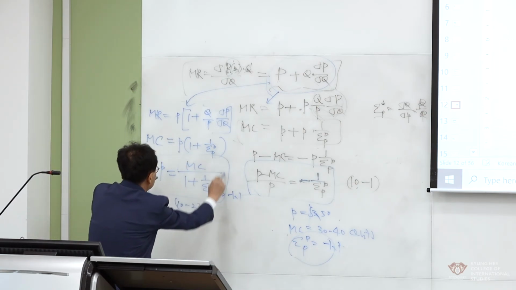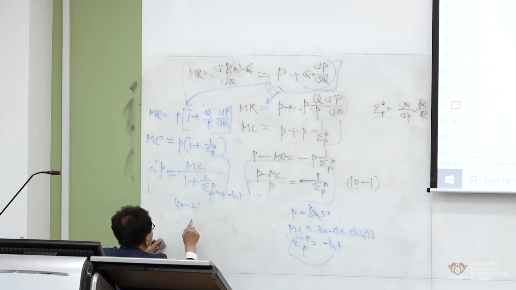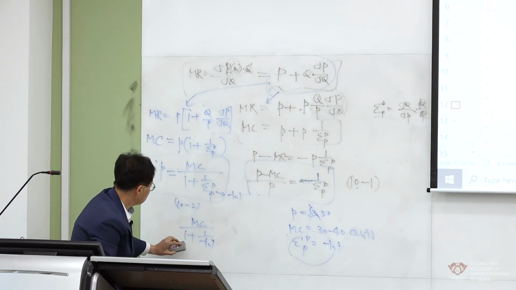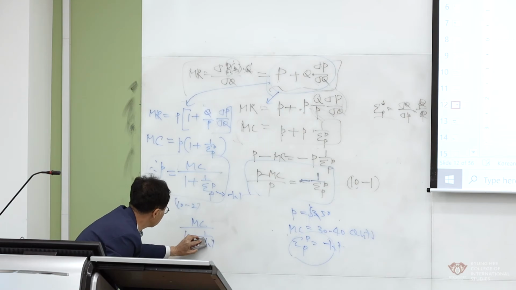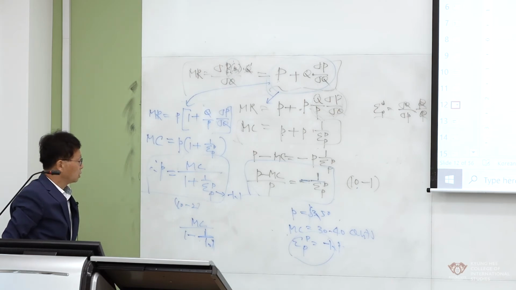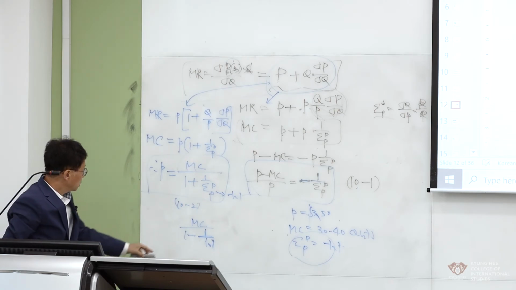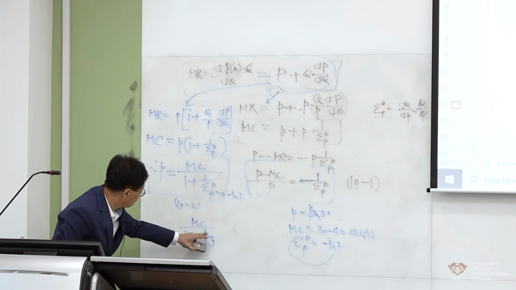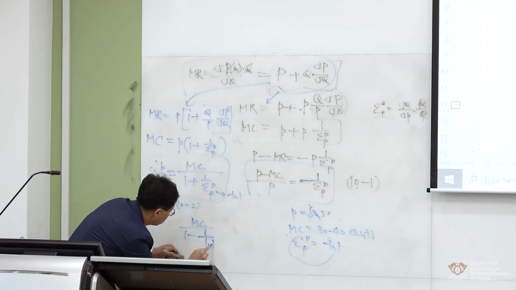Now think about this term: minus marginal cost over 1 plus price elasticity of demand. And we know that elasticity is minus 1.1. Then this can be rewritten, moving the minus sign here: 1 minus 1 over 1.1. Now think about 1 divided by 1.1.